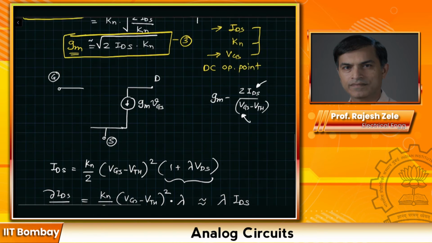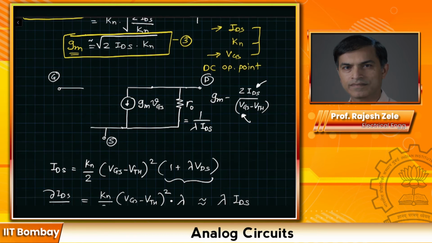We have Gm VGS, and the next thing we are going to add on top of that is a resistance R out, which is equal to 1 divided by lambda IDS.